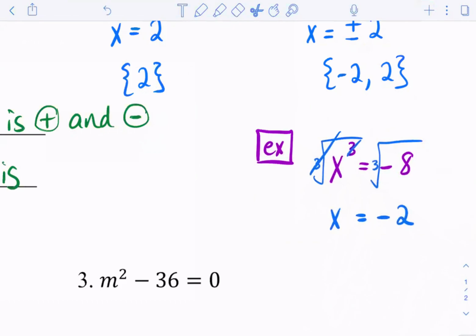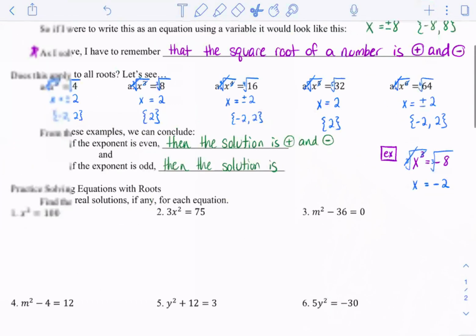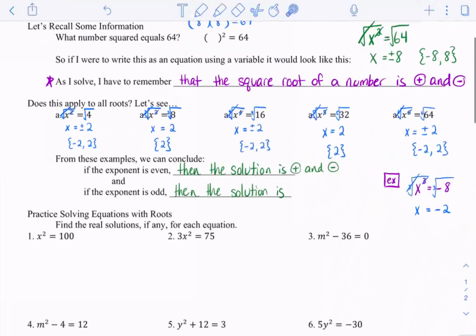Why is this important? Because if the exponent is odd, like it was here, and here, and here, the solution has the same sign as the number in the root. Here was a positive 8, my answer was a positive 2. Here my number was a positive 32, my answer is a positive 2.